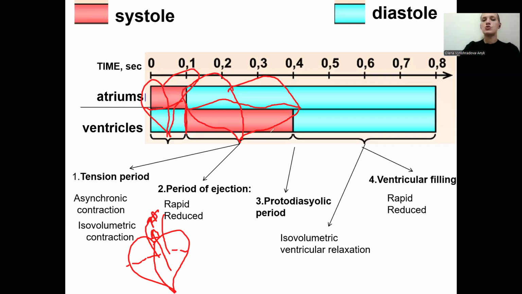The third period is named the protodiastolic period. At this time, blood from the ventricles has moved to the aorta and the valves of the aorta are closed. The valves are closed, and we hear the second tone of the heart's work, or second sound.